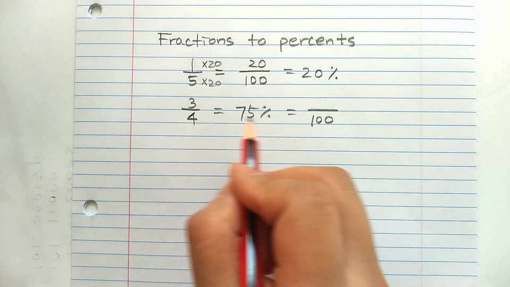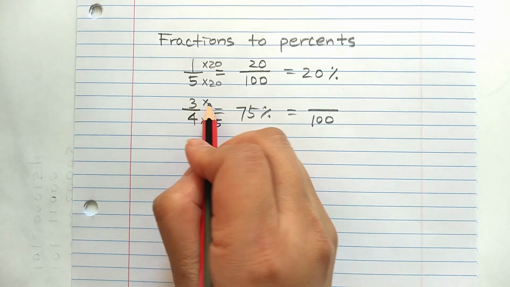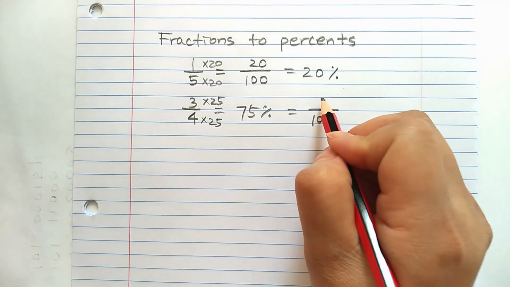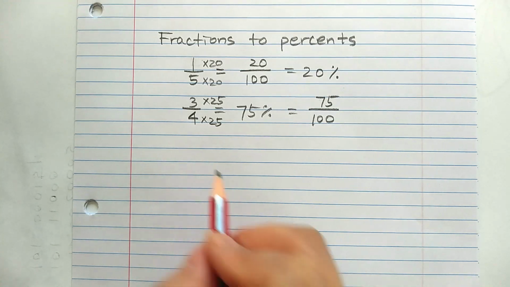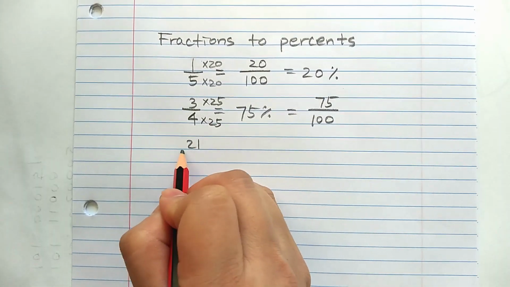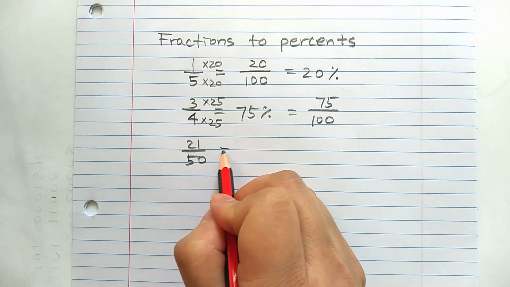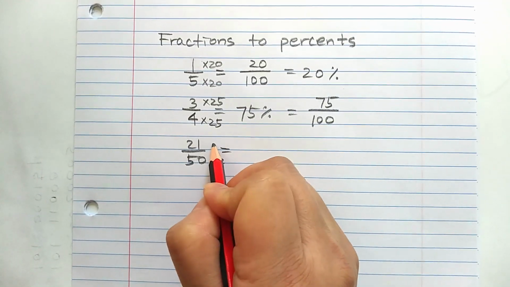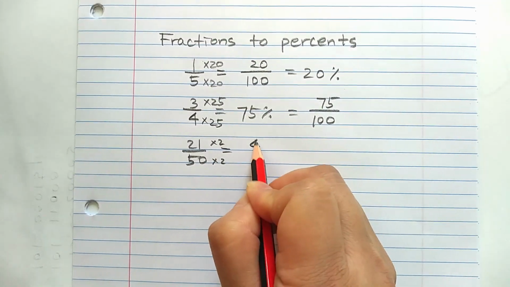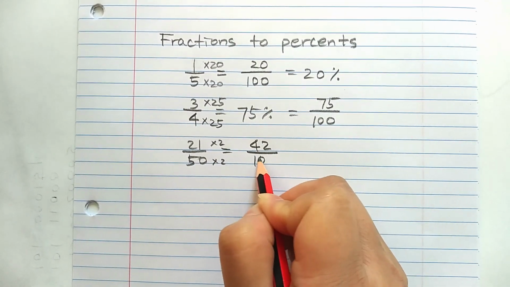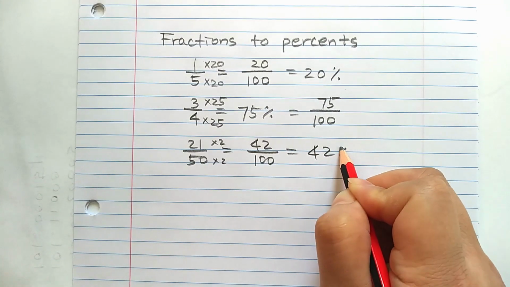To have 100, we need to multiply 25 here, 25 also at the top, so this is 75 over 100. 21 over 50, do the same, multiply 2 here and 2 at the top, so this becomes 42 over 100, and it is 42%.